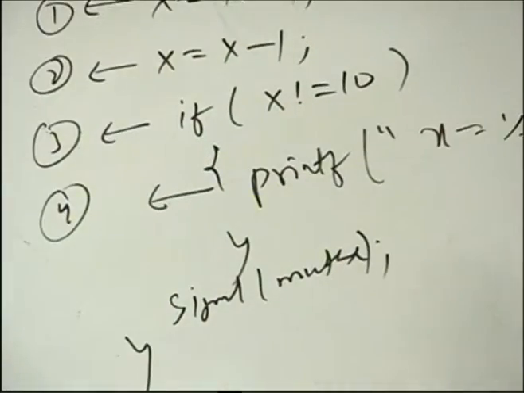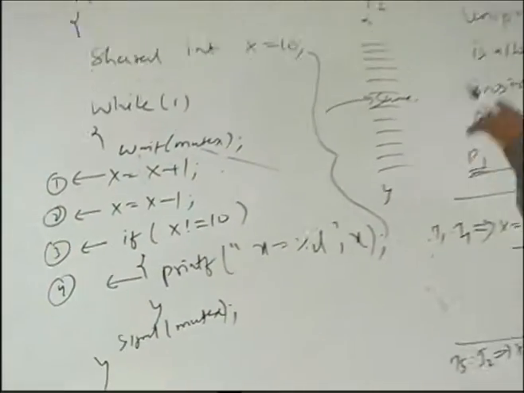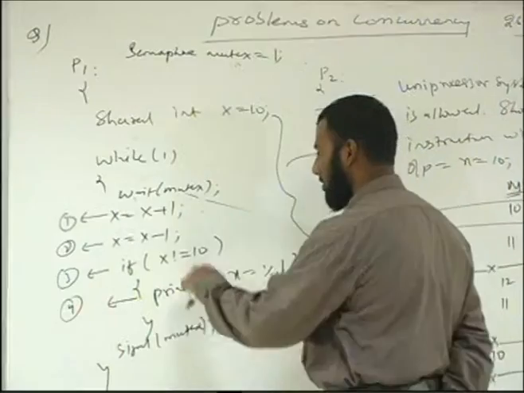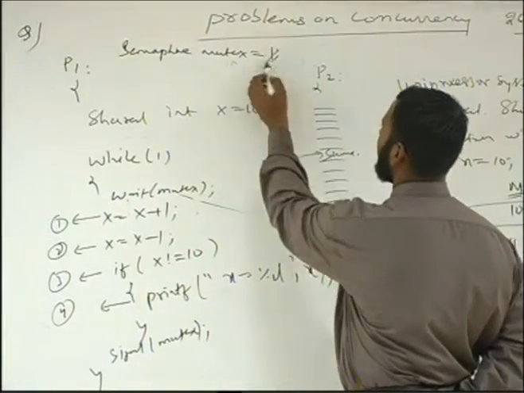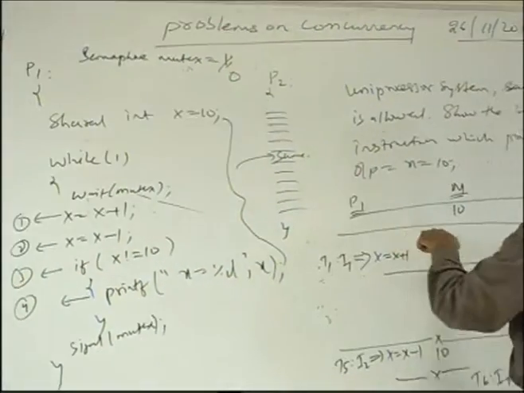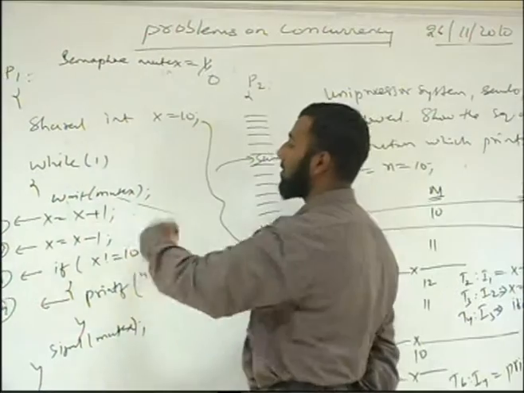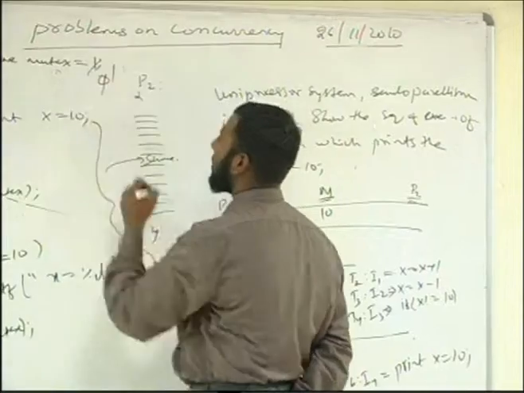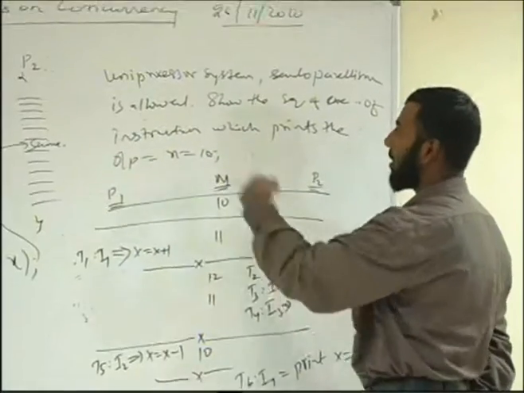This will solve the problem. Now these are all atomic actions. When process P1 enters the critical section, it performs wait on mutex, which makes the value of mutex 0. Another process that wants to execute has to wait till P1 is done with the critical section. When it comes out, it signals again, which gives the value of mutex to another process, and P2 will be allowed to enter the critical section.